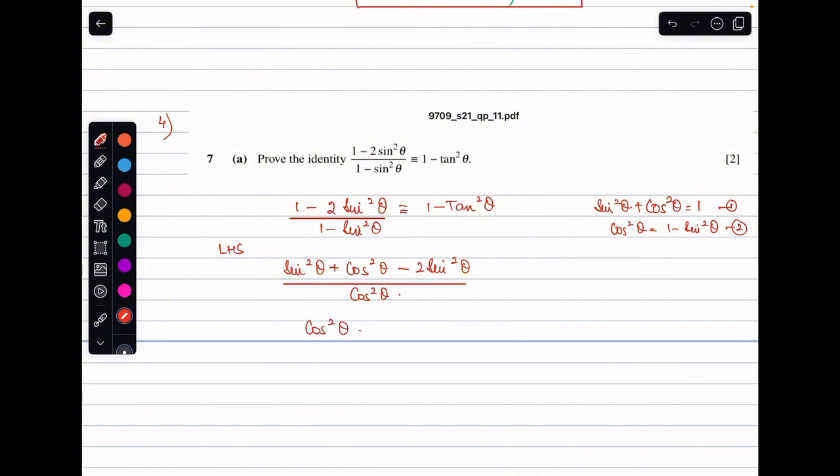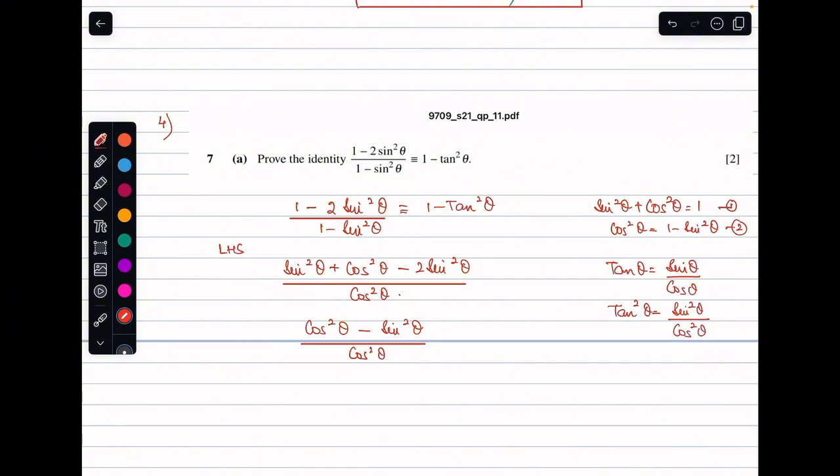Sine square theta minus 2 sine square theta is a minus sine square theta, and this whole is divided by cos square theta. We know very well that tan theta is equal to sine theta over cos theta. Therefore, tan square theta shall be equal to sine square theta over cos square theta.